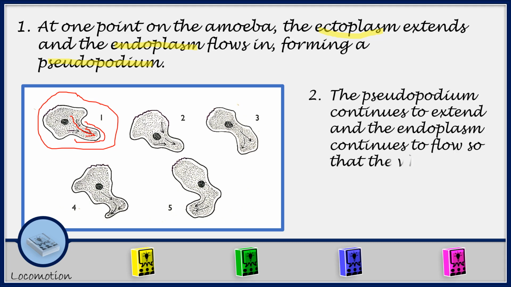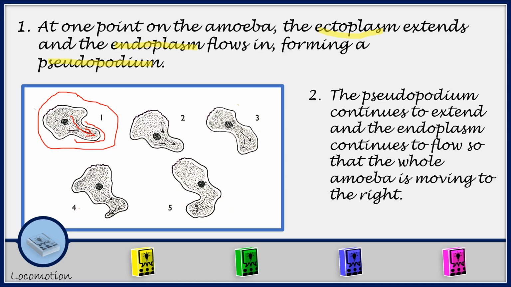Then in the second part, the pseudopodium continues to extend and the endoplasm continues to flow, so that the whole amoeba is moving to the right.